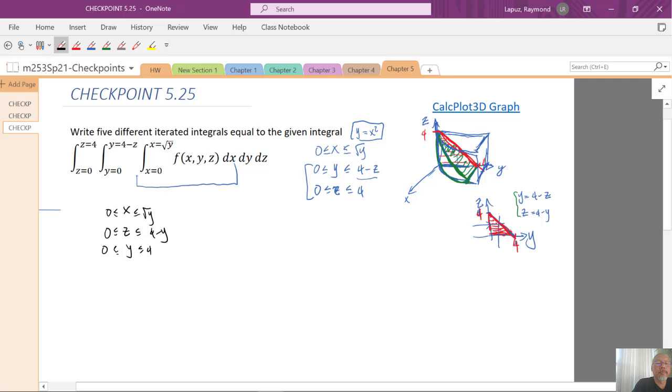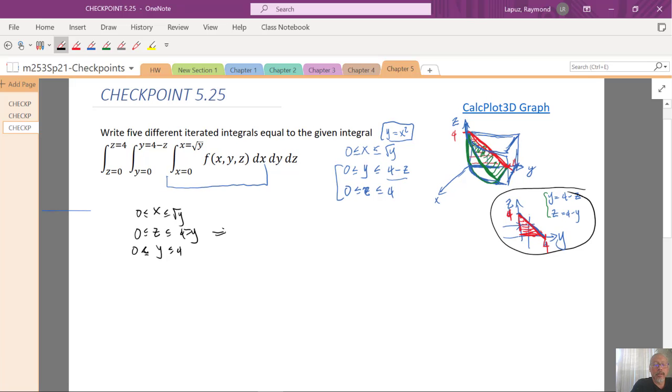So we essentially kept the same x limits, except we switched the way we saw the two-dimensional, whatever's left in the 2 dimensions. So then our integral here would look like a triple integral.